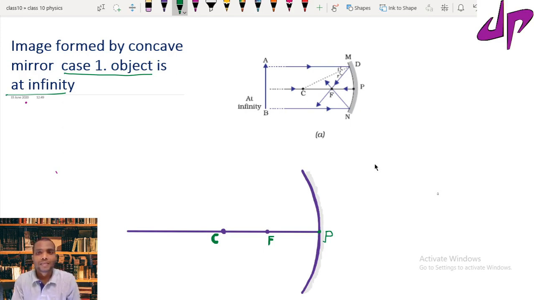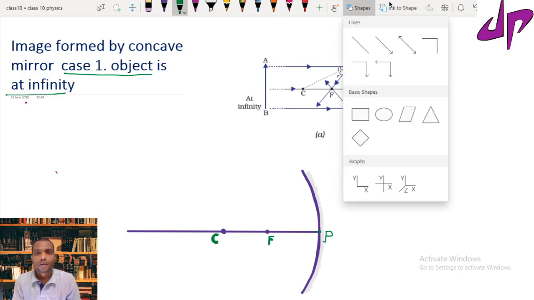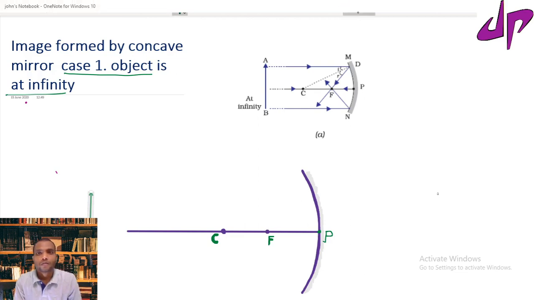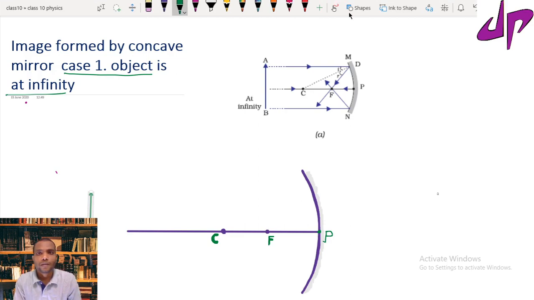Now place an object in front of the concave mirror at infinity. Means if I take the object at infinity, this is the object. Now I need to fill in this ray diagram. We need to draw the ray diagram. So please practice the ray diagram as it is.